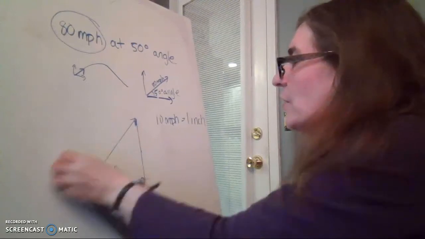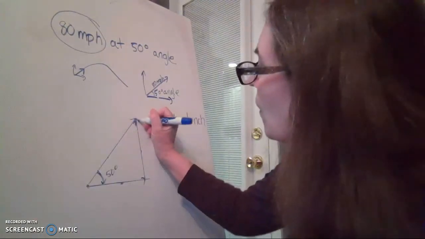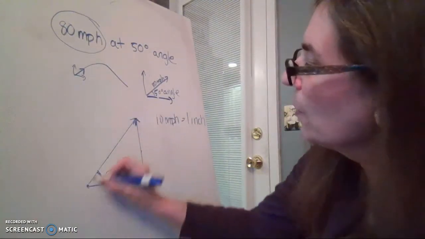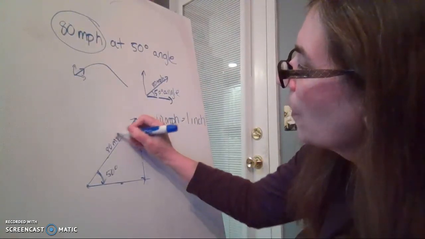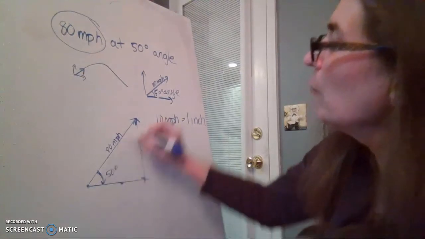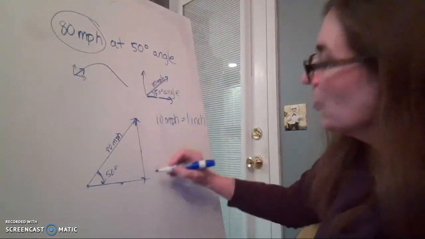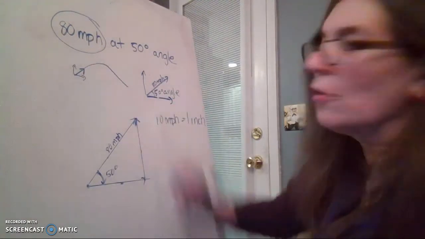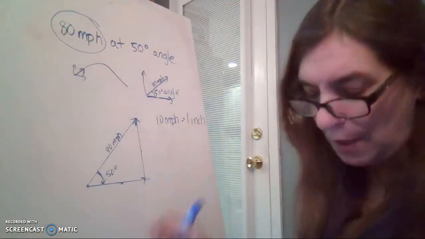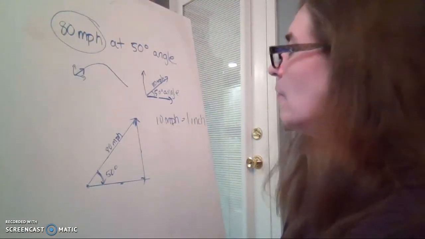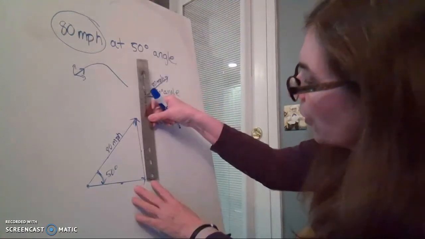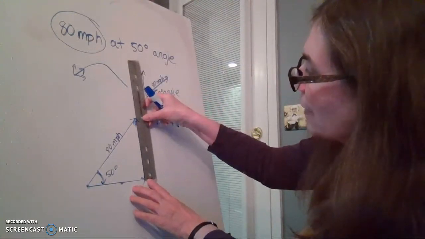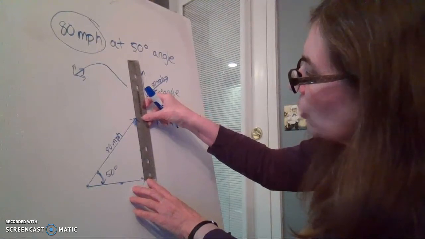And you're going to draw this little triangle. So here is the actual baseball going here at 80 miles per hour, but it's moving upwards at a speed of from here to here. So now what is that speed or velocity? Velocity includes the direction. So now I get out my ruler and I measure it, and it's at 6 inches.